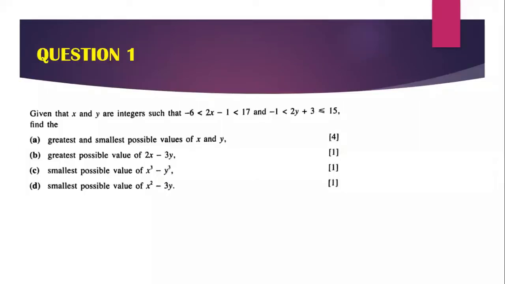Question 1. Given that x and y are integers such that 2x minus 1 is bigger than minus 6 and 2x minus 1 is less than 17. That's the first inequality. The second inequality is 2y plus 3 bigger than minus 1 and 2y plus 3 less than or equal to 15.